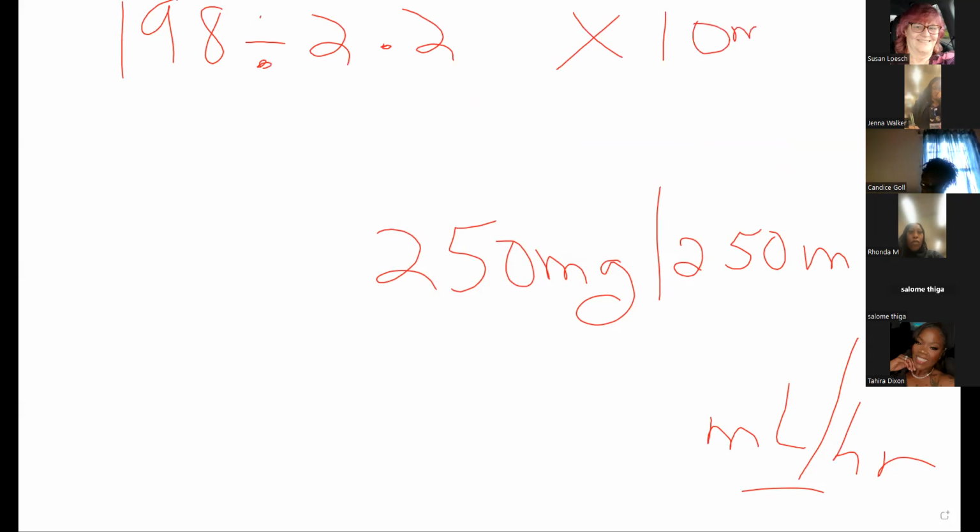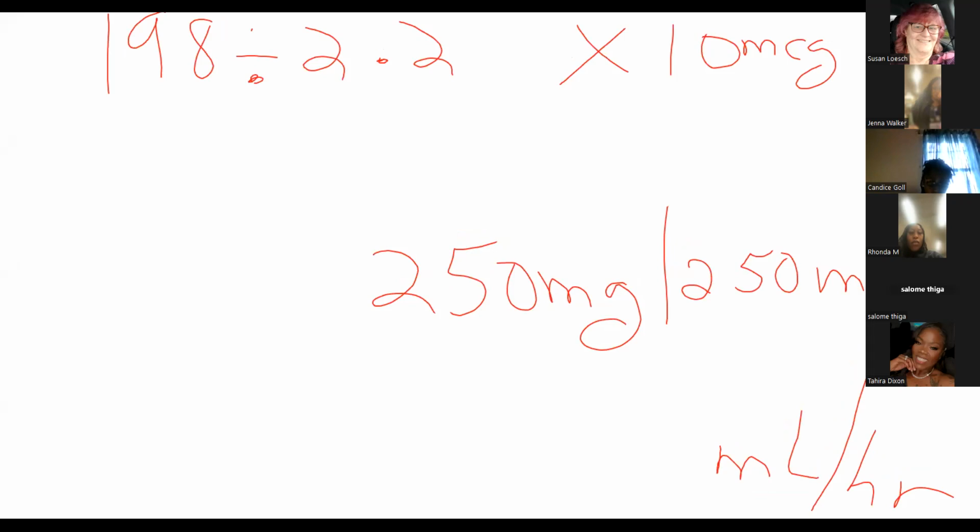And that's where I have to get to. My weight is 198. And I have to divide that by 2.2 and multiply that times the order, which is 10 micrograms per kilogram.